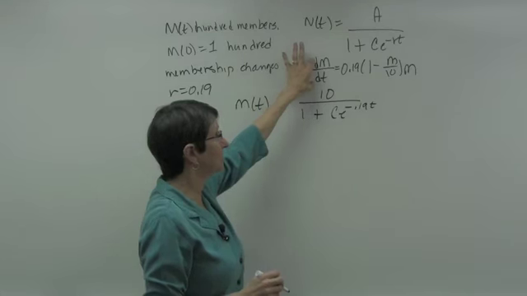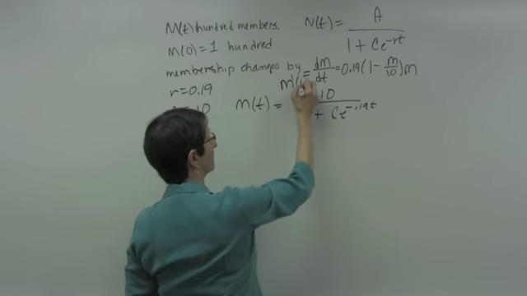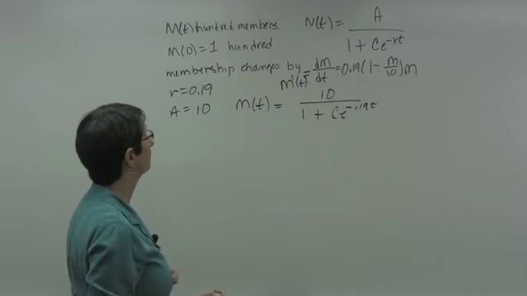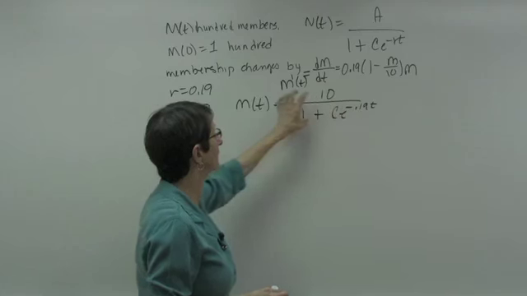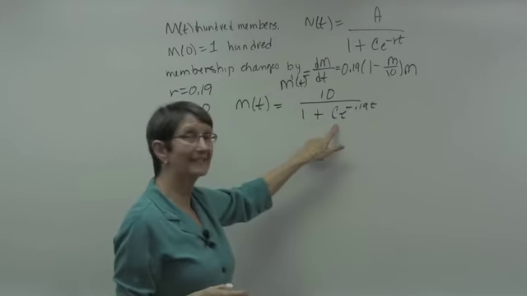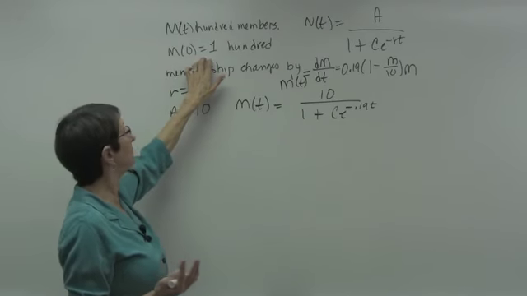Now, this dM dt is also the same as the derivative, so sometimes you may find that written as M prime of t. It's a rate of change, it's a derivative. Well, with this information right here, the only constant that I don't know is C. So hopefully our initial condition will give me that value.